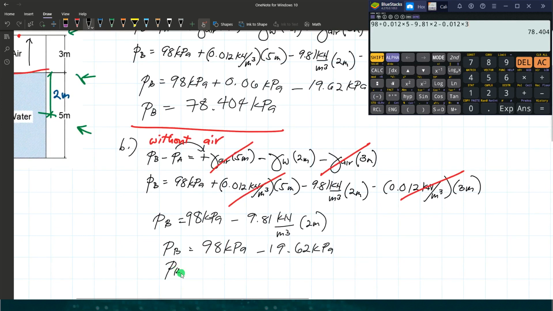So the pressure at point B is 98 minus 19.62, 78.38 kilopascal. That's the answer for letter D.